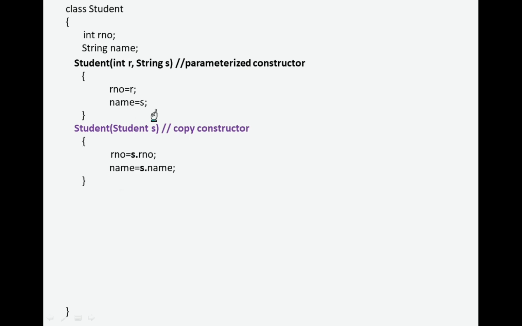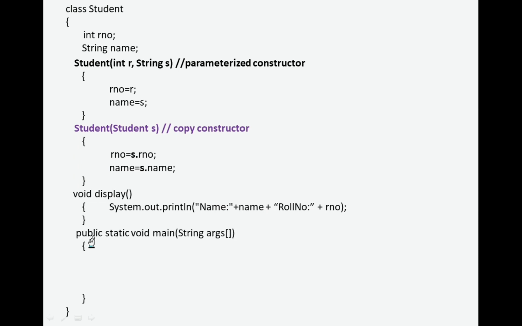So this is a copy constructor. We simply copy the values of one object to another object. Then display: this method is going to display the values of name and roll number by using the System.out.println method.